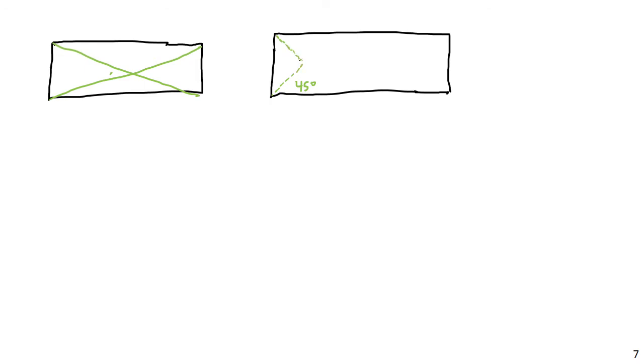And you go out until they meet up. This is 45, same here, 45, and 45. And then once the two 45-degree lines meet, you have a line that goes down the center.